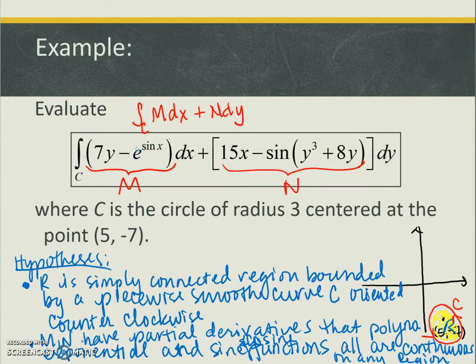Okay, so we see that we've satisfied the conditions for applying Green's theorem. And I suppose maybe you're a little concerned about what you're going to do with that circle of radius 3, but let's go ahead and take a look at how this might play out.